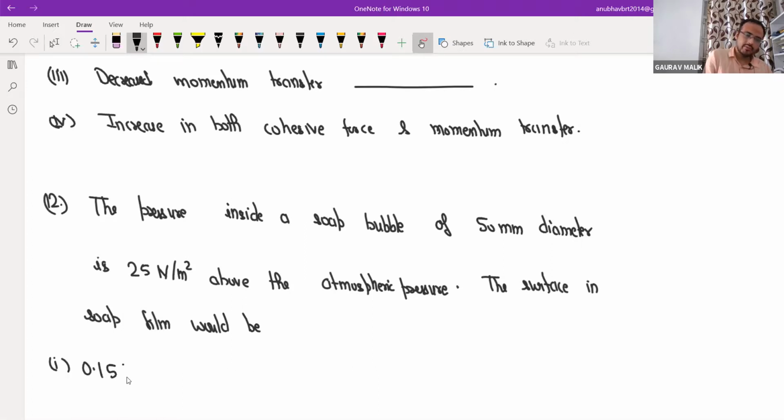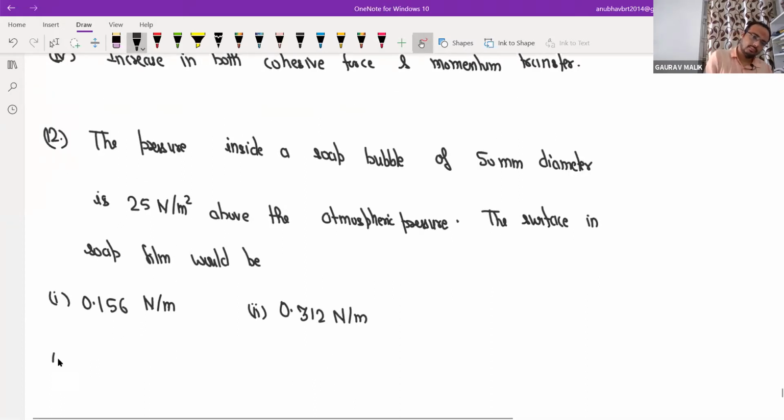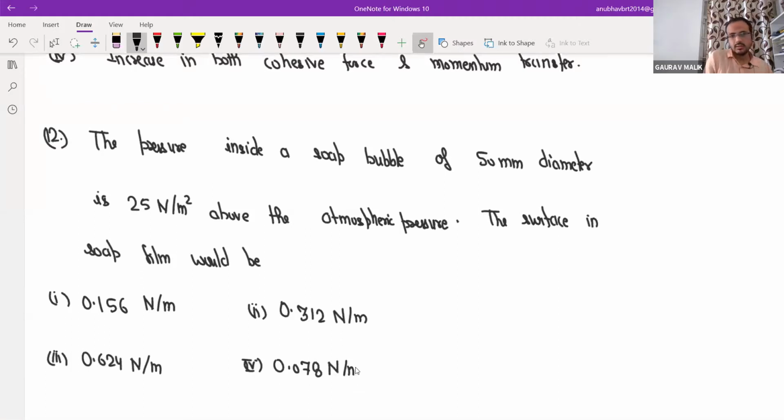first option 0.156 Newton per meter, 0.312 Newton per meter, 0.624 Newton per meter, and 0.078 Newton per meter. Solve it.